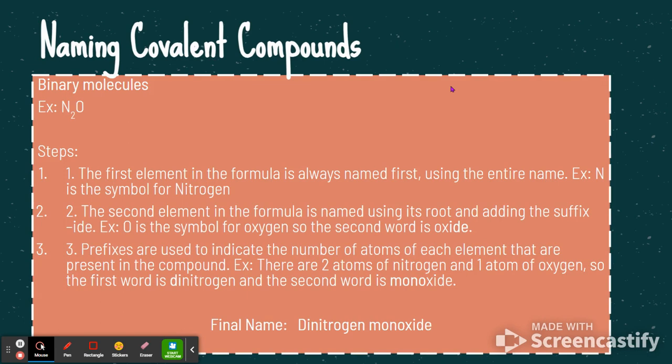The third step, this is the new thing. So step 1 and step 2 should sound pretty familiar compared to what we've done in the past. But step 3 is where we're going to start using what we call prefixes. And those prefixes are used to tell us how many atoms of each element are present in the compound.